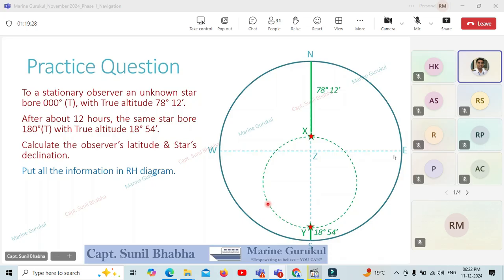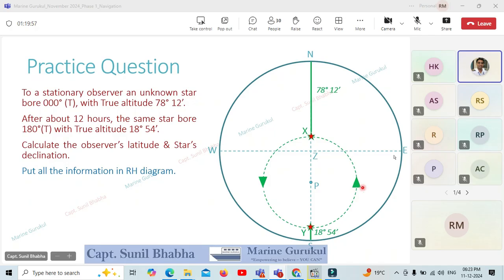So let us draw the pole. It will be at the center of this particular circle. The center is going to be here. So let's mark the center of this circle. This is where the center is, and let's mark this as point P. So we have the pole in our diagram now as the center of the circle, and we can also mark off the direction in which the star is moving in this circle.